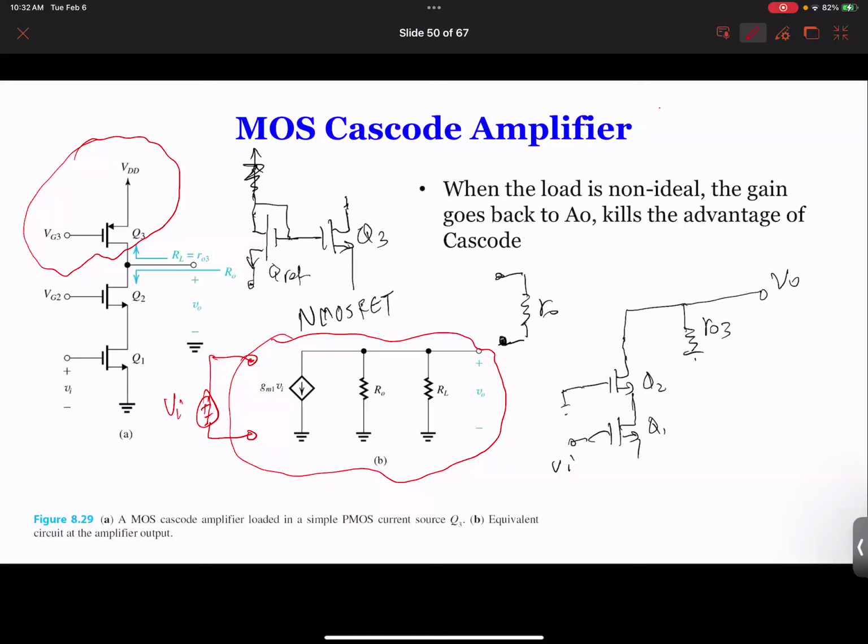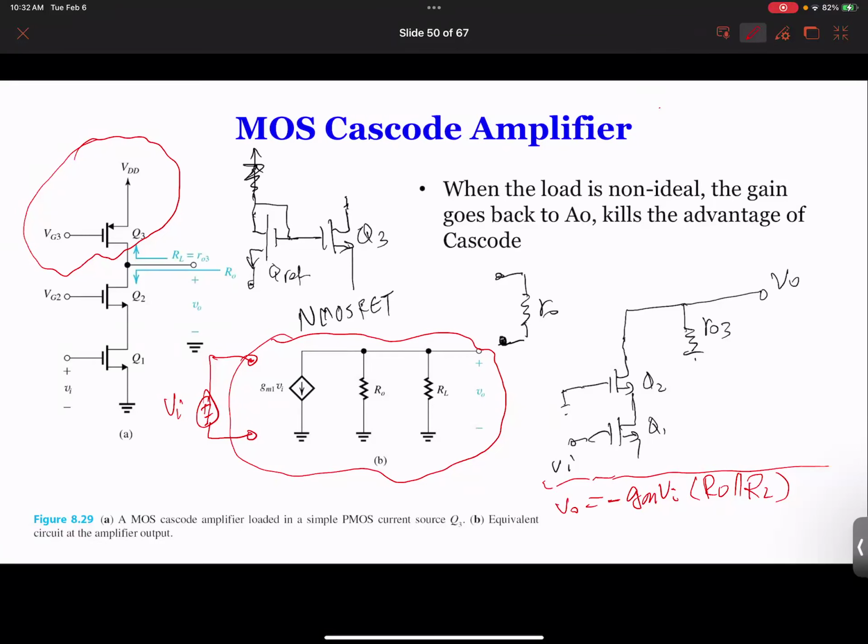Now, if we know the gain, we can easily calculate the output VO is going to be GM times VI times RO in parallel with RL. And there's going to be a minus sign, so VO is equal to minus this.